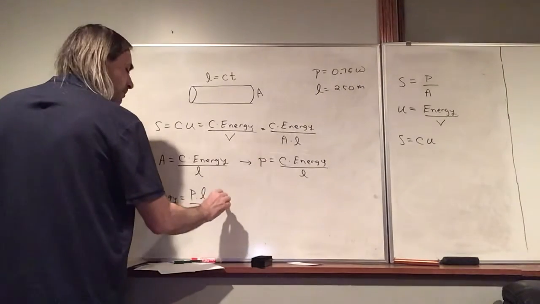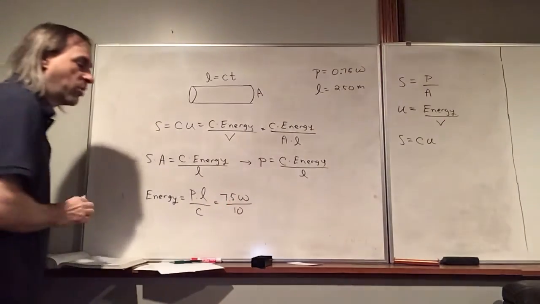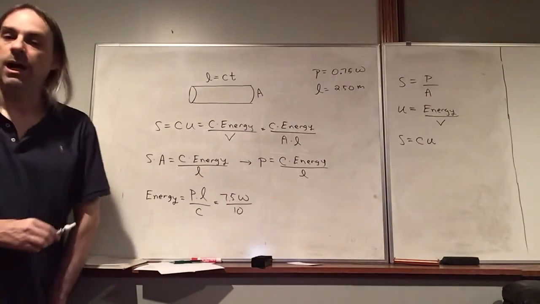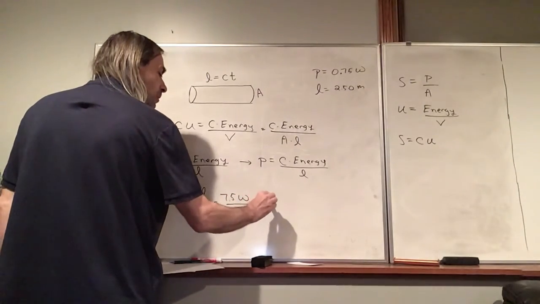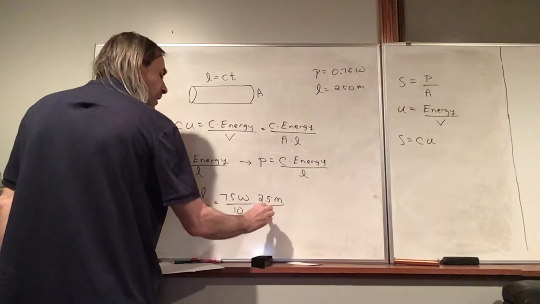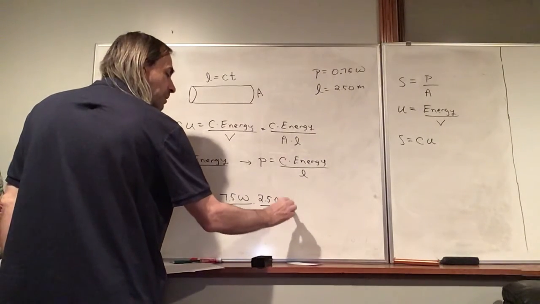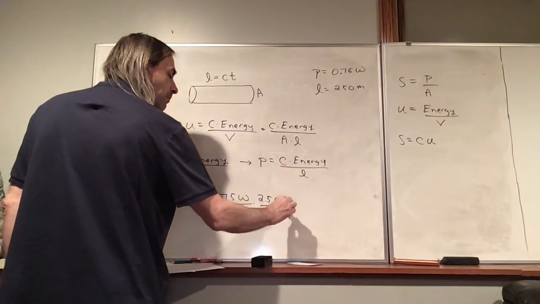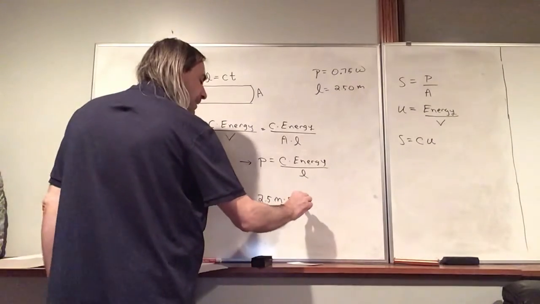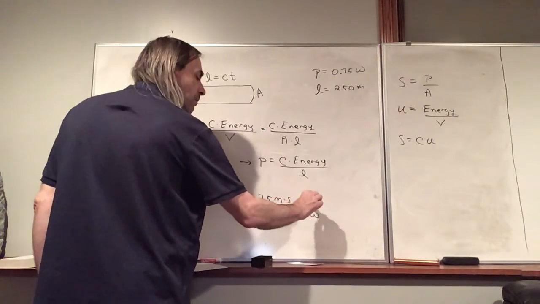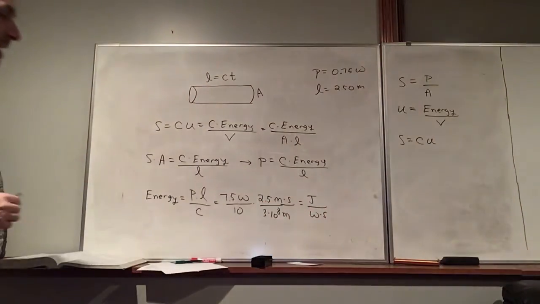So again, I'm going to write this as 7.5 over 10, so 0.75 watts. The length is 2.5 meters, and then we divide by 3 times 10 to the 8th meters per second. And let's throw on a watt is a joule per second. So we can say a joule is a watt times a second.